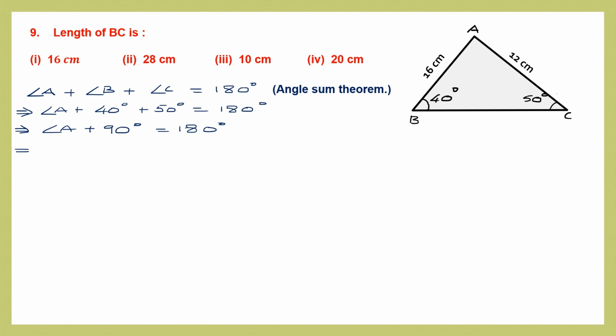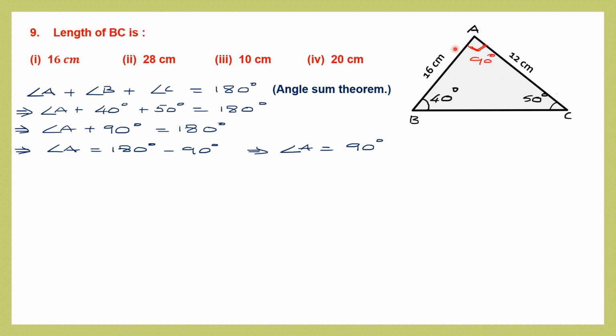That means angle A will be equal to 180 degrees minus 90 degrees. So we have found the value of angle A. Angle A is 90 degrees. So let's mark it there in the figure. So in the figure, this is 90 degrees.